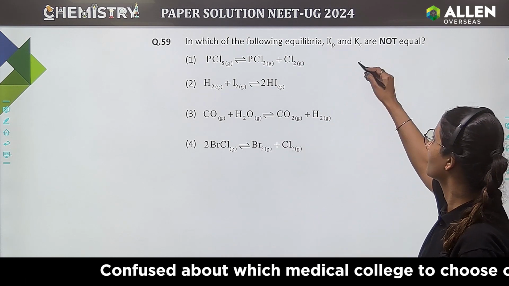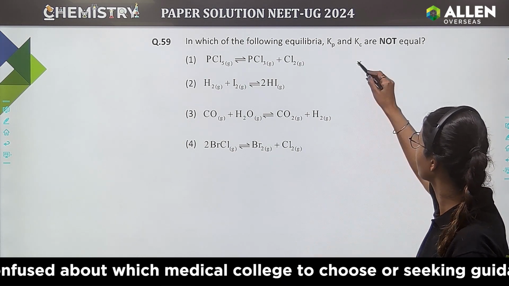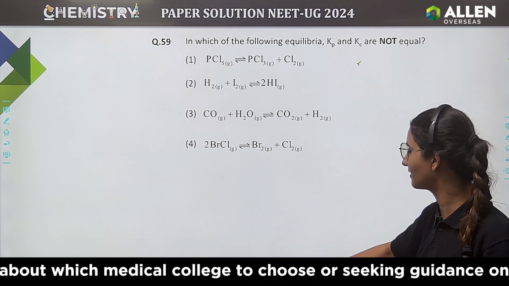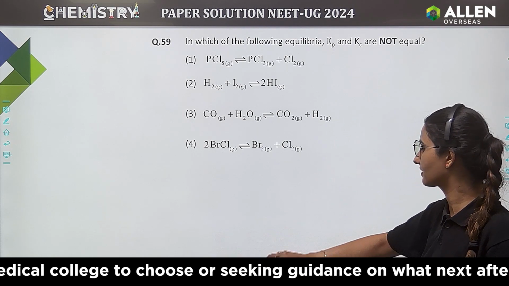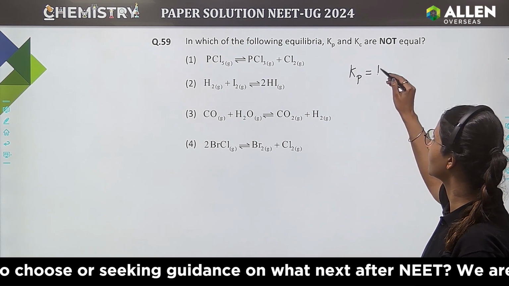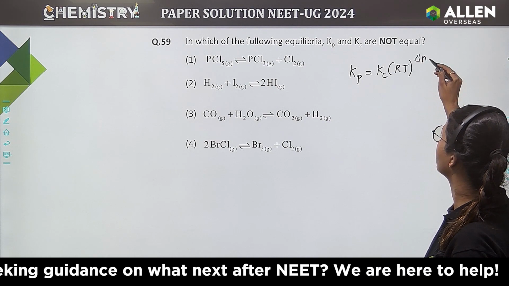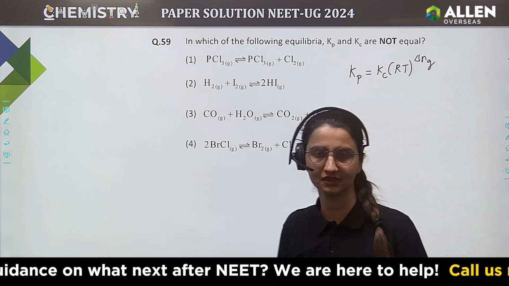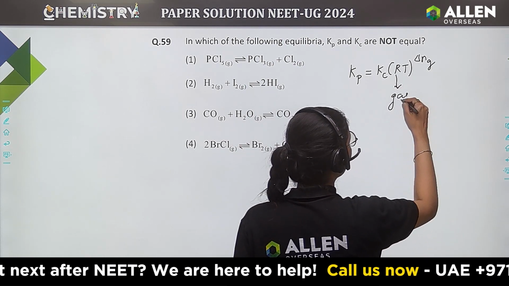It is Kp. What is the relation, students? Kp is equal to Kc RT raised to the power delta Ng. R is your gas constant.